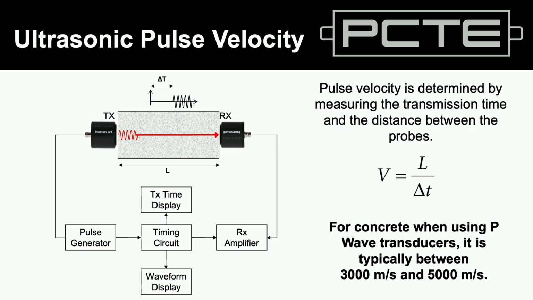But with concrete, it's rock, it's sand, it's cement, it's water, it's admixtures, it's all inhomogeneous, it scatters the signal dreadfully, so we've got to use big clunky transducers. It's not a very friendly material, and it's not a predictable material. So rather than knowing the number it should be, the speed of transmission, we're going to give it somewhere between 3,000 and 5,000 meters per second in typical concretes.